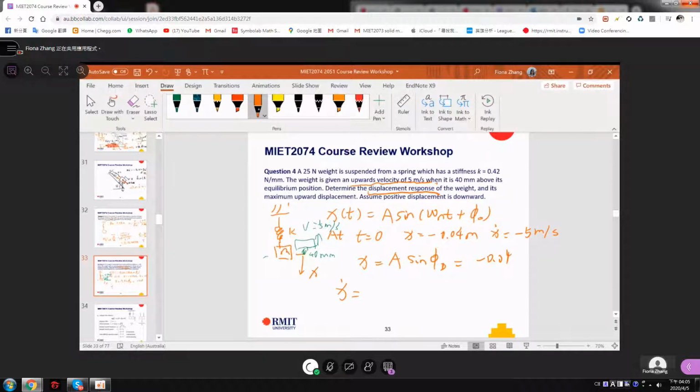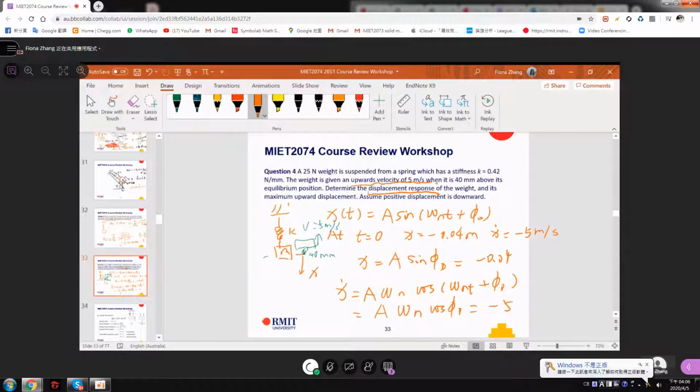Sine becomes cosine, so x dot equals A omega n cosine(omega n t plus phi 0). When t equals 0, you get A omega n cosine phi 0 equal to negative 5.